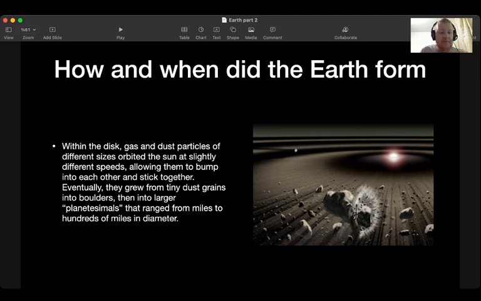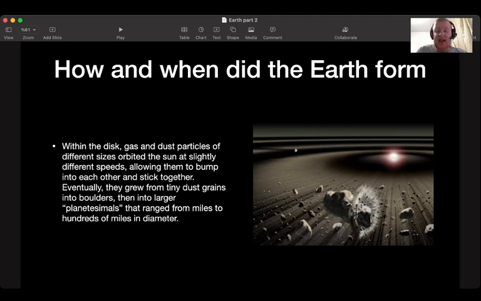So, within the disk, gas and dust particles of different sizes orbited the sun at slightly different speeds, allowing them to bump into each other and stick together. Eventually, they grew from tiny dust grains into boulders, then into larger planetesimals that ranged from miles to hundreds of miles in diameter.